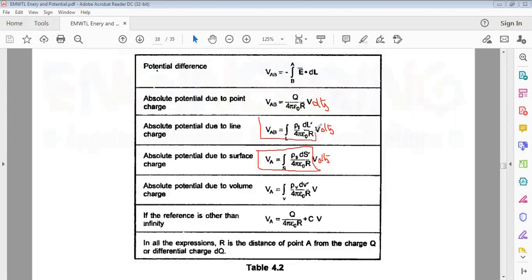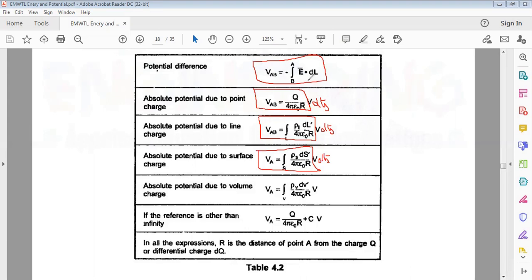V is equal to a potential difference. Actually, how did we get this expression? The E bar for a point charge is Q by 4 pi epsilon naught R square.